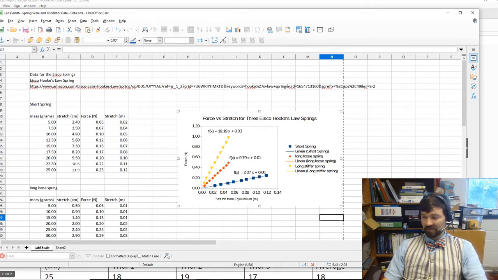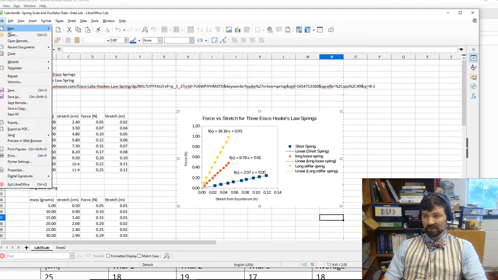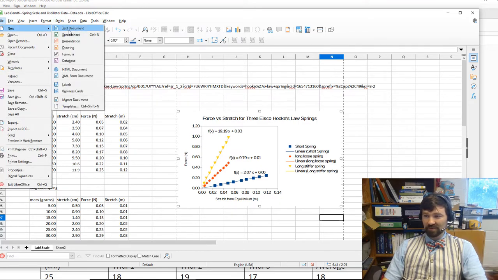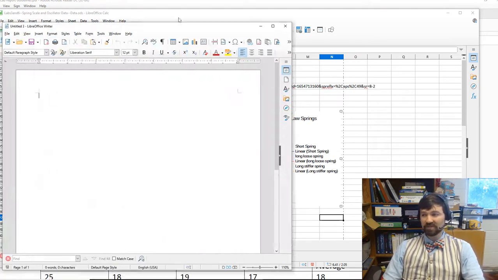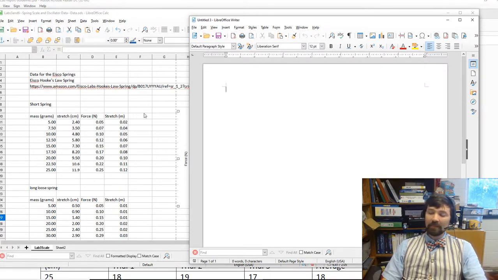You can, let me open up a Word document here. Again, I like to use LibreOffice, but you're probably using Microsoft or whatever Mac's equivalent suite is. I think there's a Word suite on there.